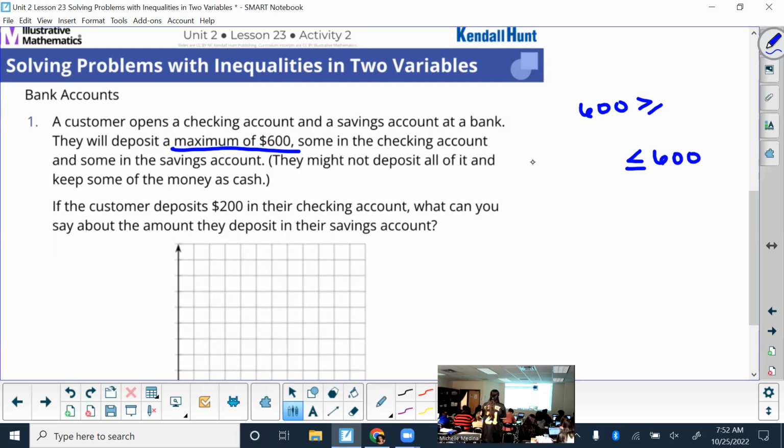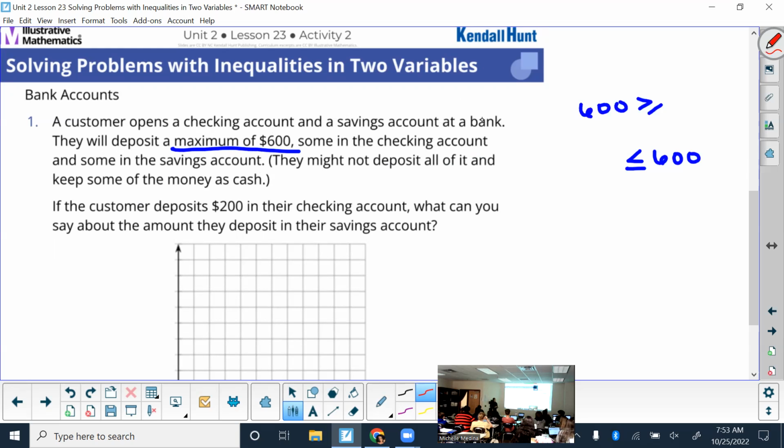Now, what should we put on the other side of it? What is supposed to be under $600? Tell me in words. The amount in both accounts. So some in the checking, some in the savings. Do we know how much they're putting into the checking?